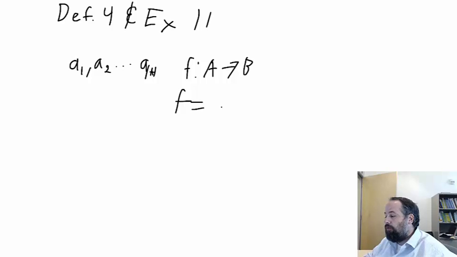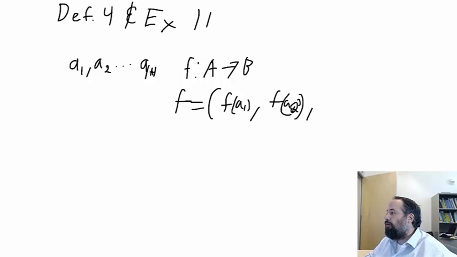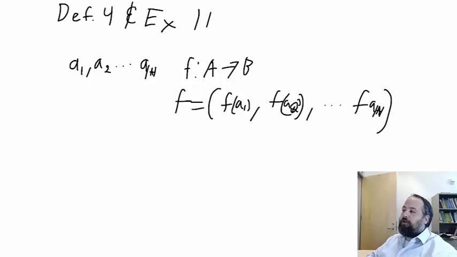F equals f of A sub 1, f of A sub 2, all the way down to f of A and then the last element. This is the most confusing notation because when they write f of A, they mean the output of that function.